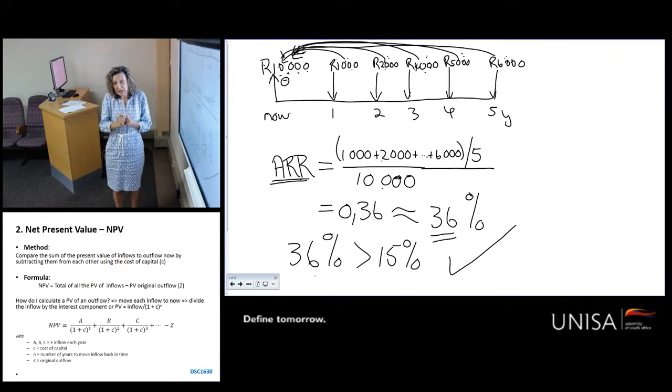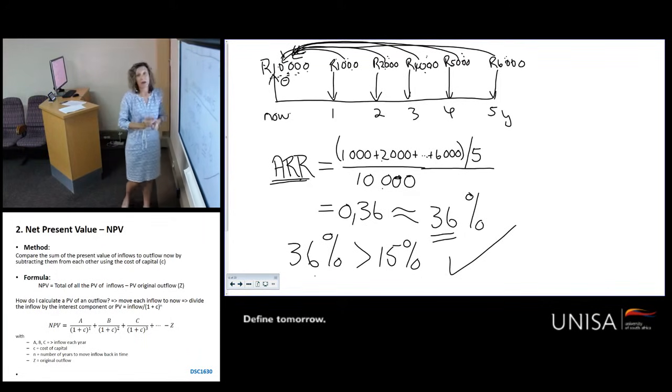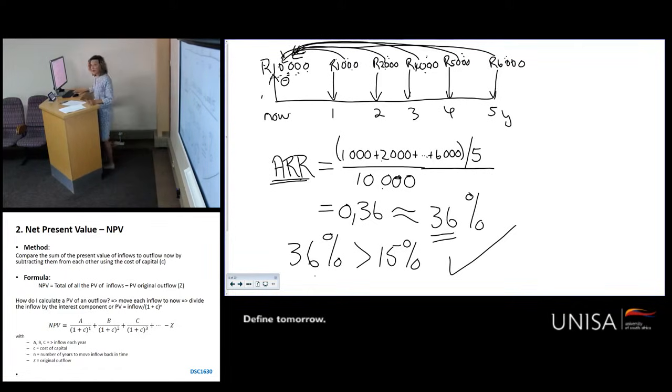So we add all the inflows together at time period now, and we subtract the outflows. If the present value of all the inflows is bigger than the outflow, then it will be a good investment. Why? Because the inflows are more than the outflows. The other way around, if the outflow is bigger than all the positive inflows at time period now, it's not a good investment. Right. So that's the net present value.